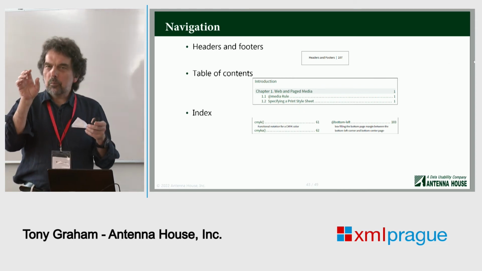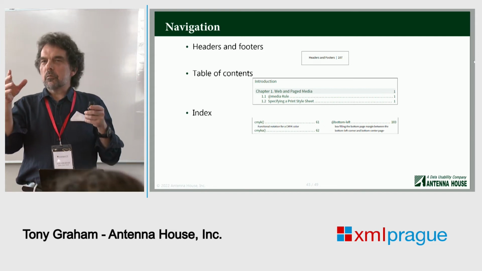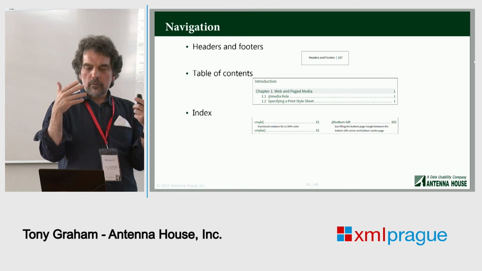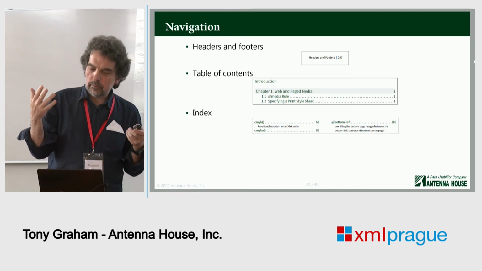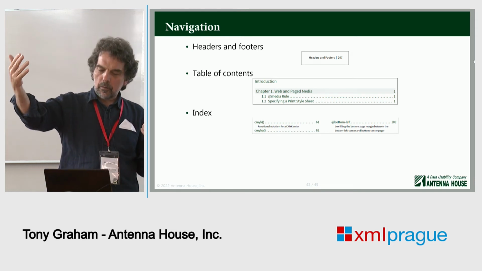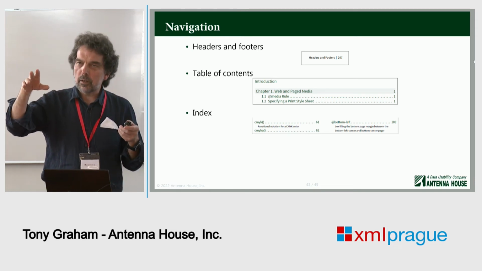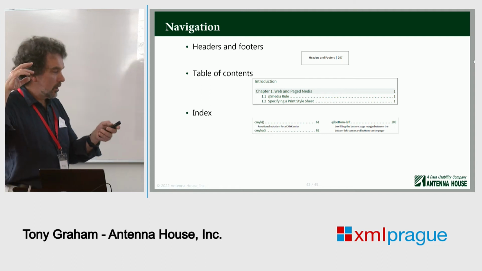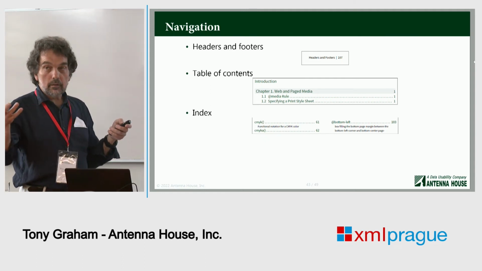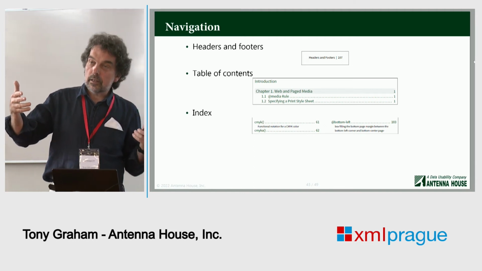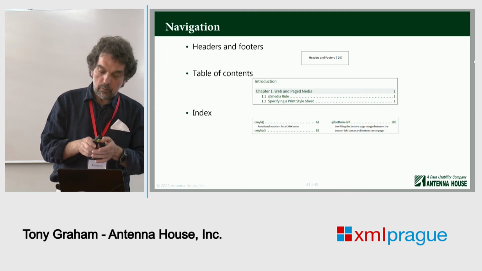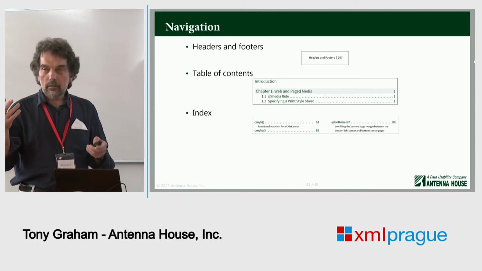There are multiple navigation hints which you put on a page which quite often you're not really aware of, but they're there when you need them. We've talked about headers and footers. The function of the headers and footers is quite often to provide this sort of navigation: the page number, and quite often the chapter title, the section title, or even the book title is something you would put in the header and the footer.